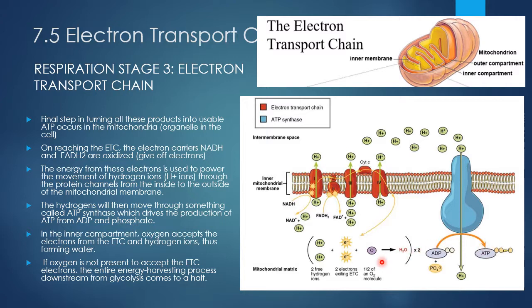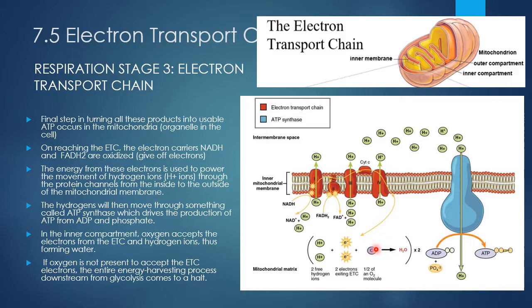Now, in this cycle, oxygen is needed to accept these electrons that get given off. And so as these electrons initially here are given off from the NADH and the FADH, oxygen is needed to accept those electrons. And when you get oxygen mixed with hydrogen, you may be familiar with H2O, water. So oxygen combines with these hydrogens and forms water.